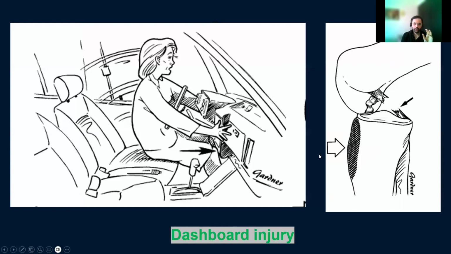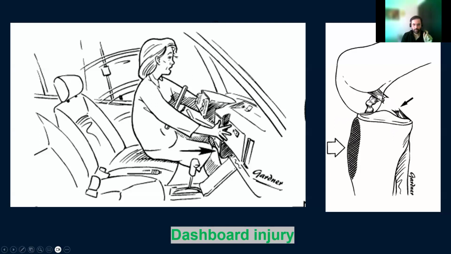Now, we come to the dashboard injury. What does a dashboard injury mean? Quite explanatory. When a person's knee hits against the dashboard, you're going to have a bone marrow edema pattern on the anterior aspect of the tibia, and you're going to have a posterior cruciate ligament tear. Now, it's important to differentiate this from a hyperextension injury.